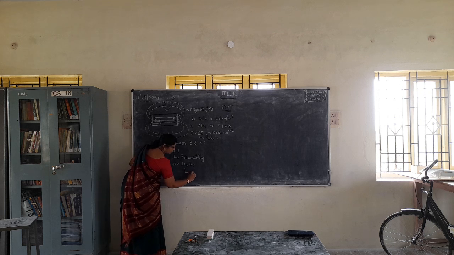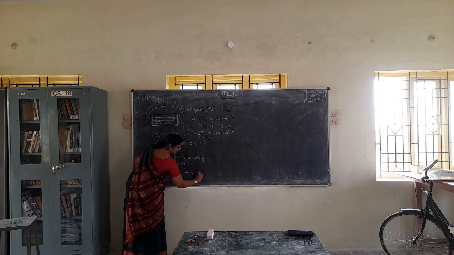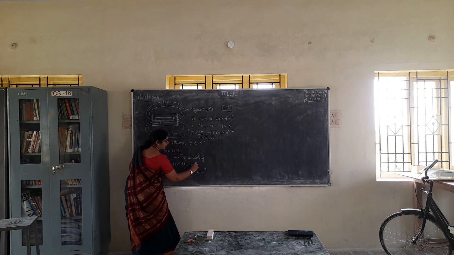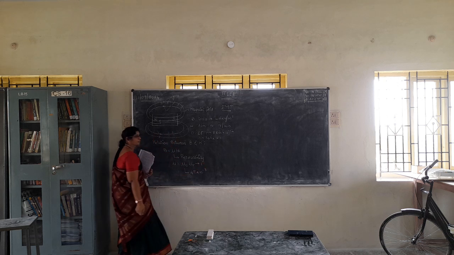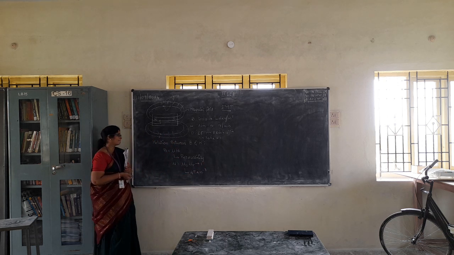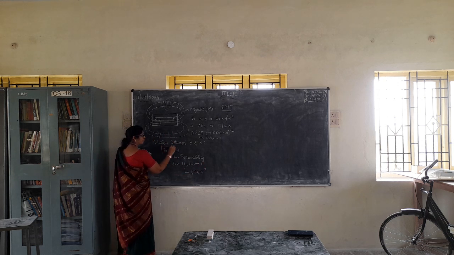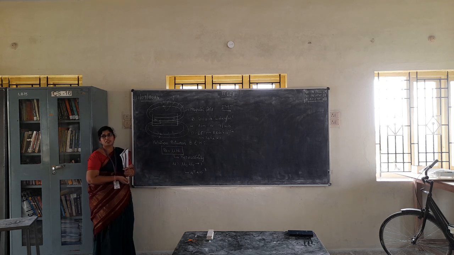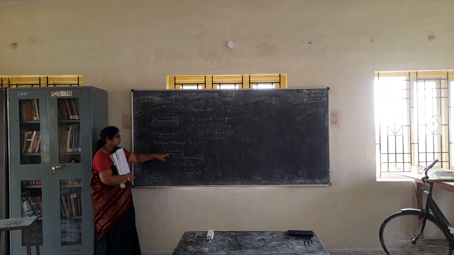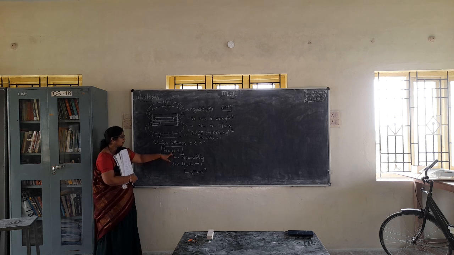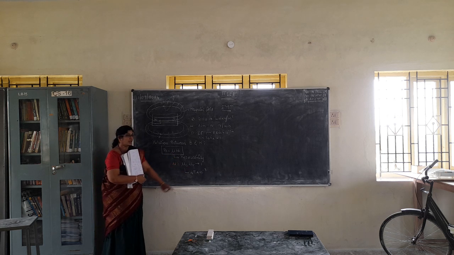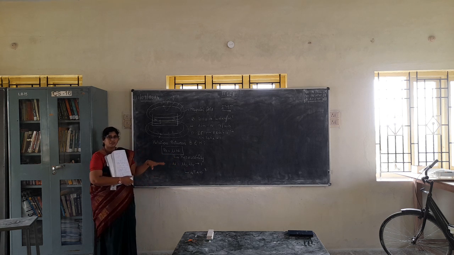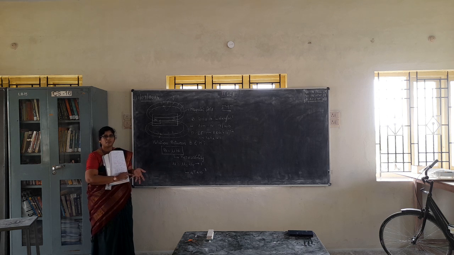Mu naught is 4 pi into 10 power minus 7 and mu r is 1. So relation between B and H is B equals mu times of H. Mu is also equal to mu naught mu r, where mu r is the relative value.